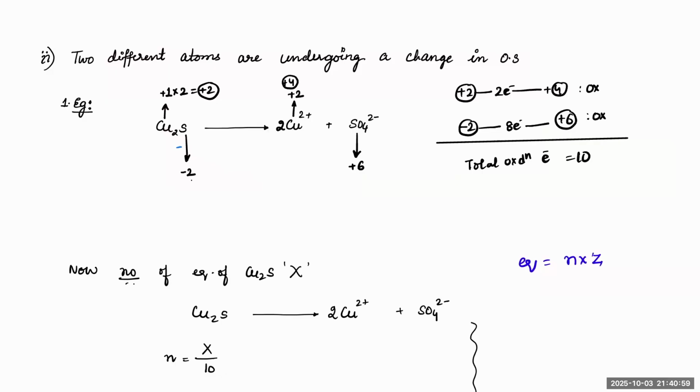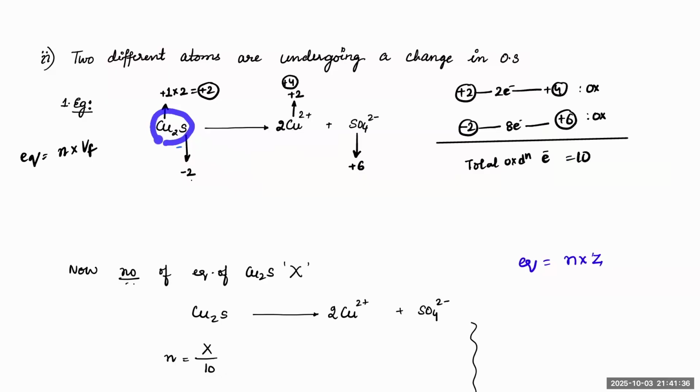Okay. In fact, if you want to find out what is the valency factor for this one, if you remember, we came across the definition of a valency factor already, isn't it? We learned that number of equivalents is equal to number of moles into valency factor or N factor. And when it comes to redox reaction, for any species that is involved in oxidation, you notice the number of electrons that is involved.